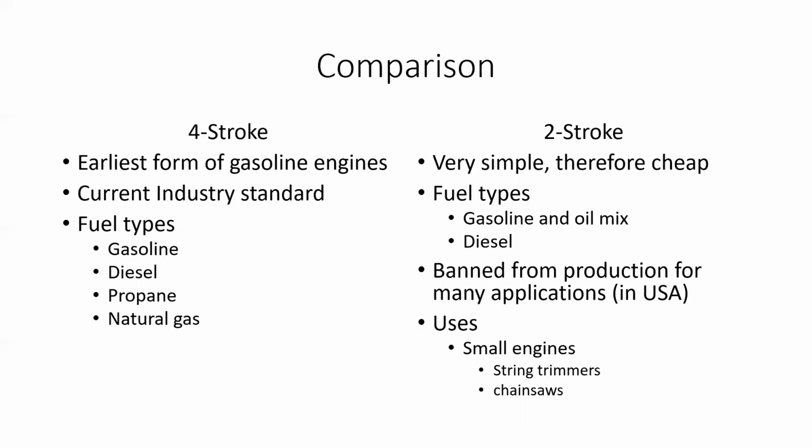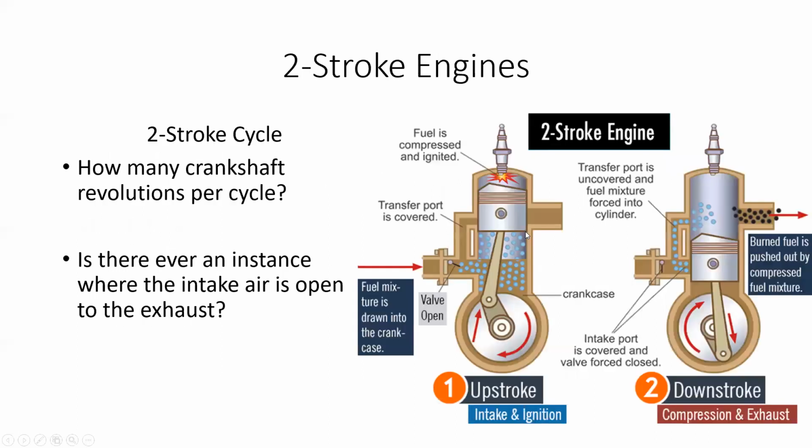Two-stroke engines, nowadays, you only see one kind of type out there. The fuel is a gasoline and oil mixture. The reason is that down here, you need to lubricate all these different parts spinning around inside the crankcase.